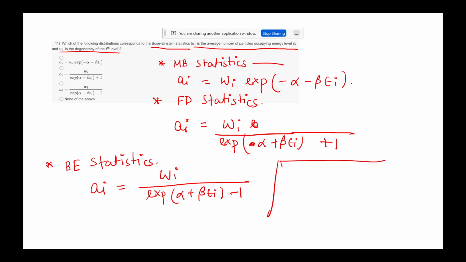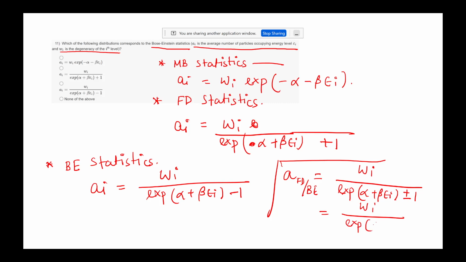The generic formula is Ai equal to Wi divided by exponential of alpha plus beta epsilon i, plus or minus 1 for FD or BE, and Wi by exponential of alpha plus beta epsilon i for MB. Okay, so this is the right option, right?